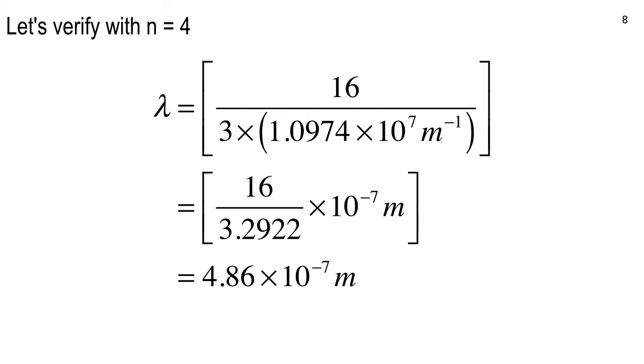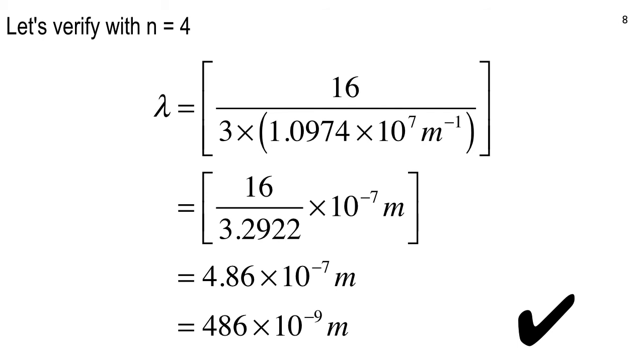So 16 over 3.2922 is approximately 4.86. And then I have 10 to the minus 7 meters. And that is looking good because if I now convert that to 10 to the minus 9 and move the decimal point 2 spaces to the right, I get 486 times 10 to the minus 9 meters. And my wonderful students, that checks.